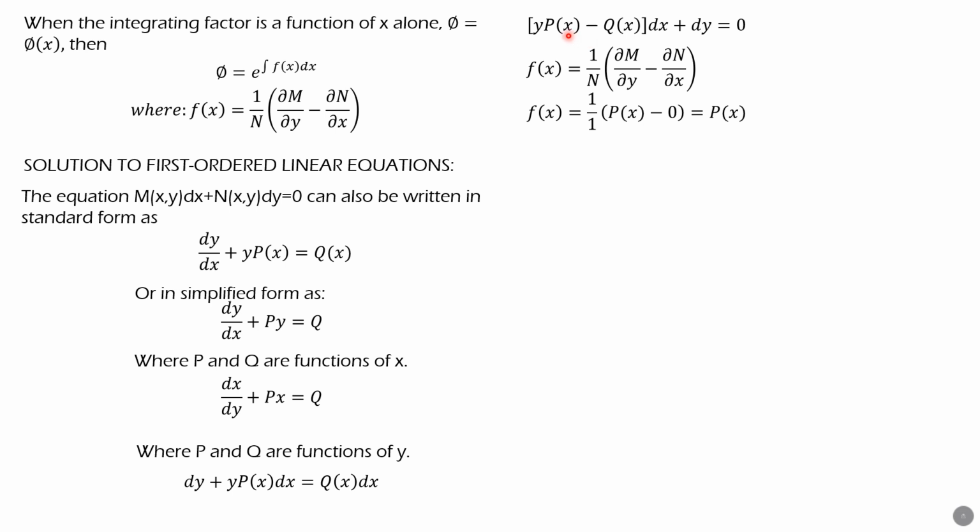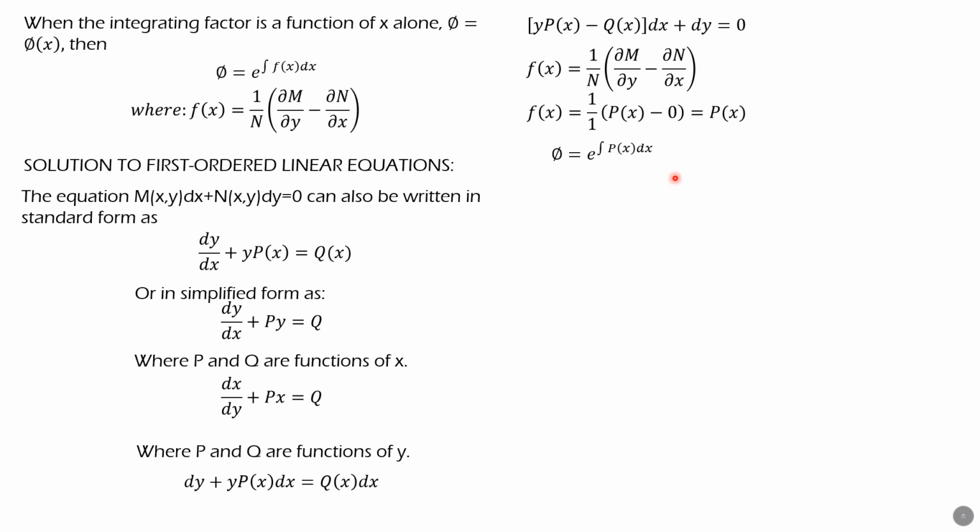Differentiating with respect to y, P of x is constant and the derivative of y is 1, so we have P of x here. Then the derivative of Q of x with respect to y is 0, that's why minus 0 there. So f of x equals P of x. P therefore is e to the integral of P of x dx.